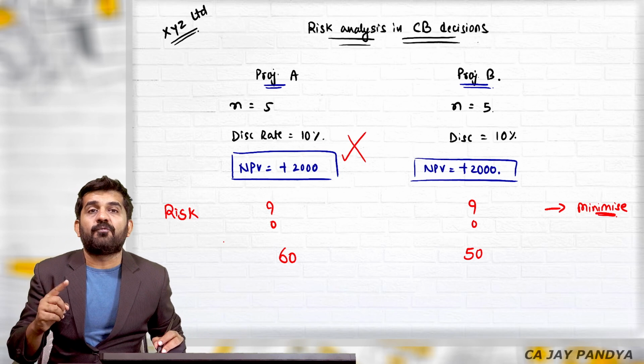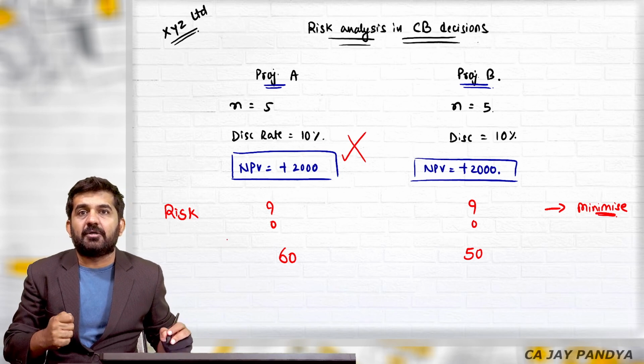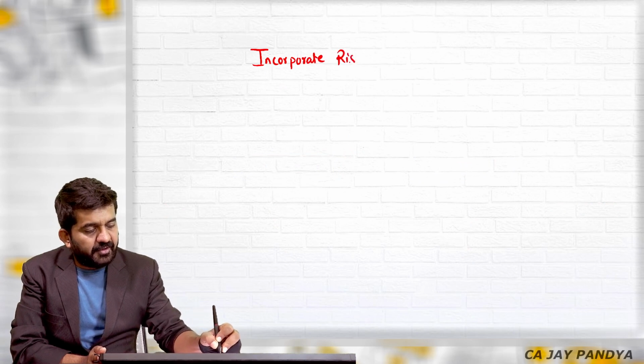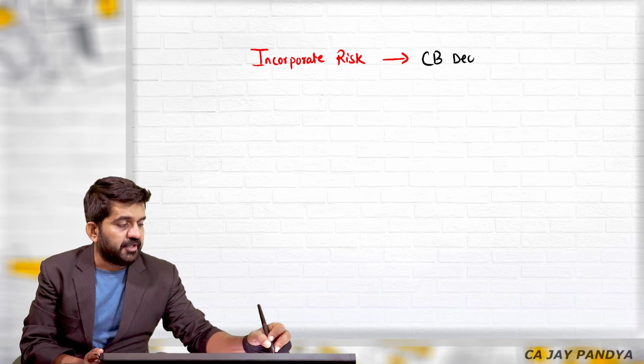They should go for Project B. So whenever you take a capital budgeting decision, you should always incorporate risk into it.